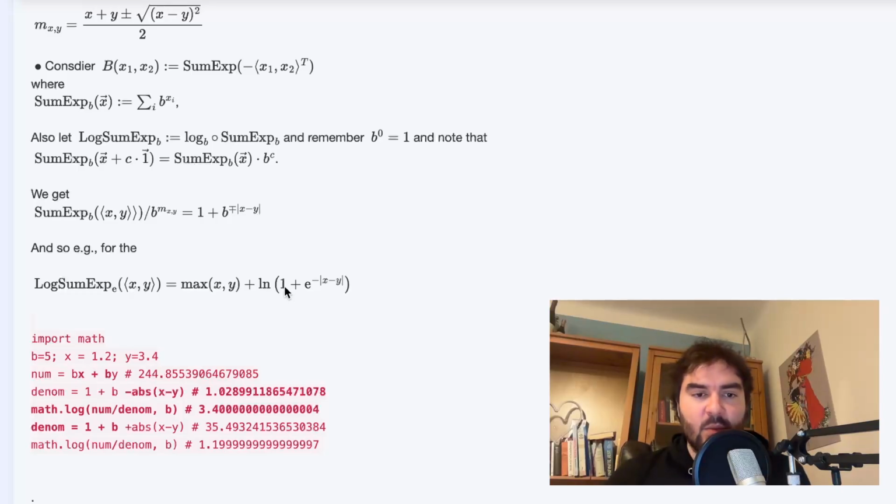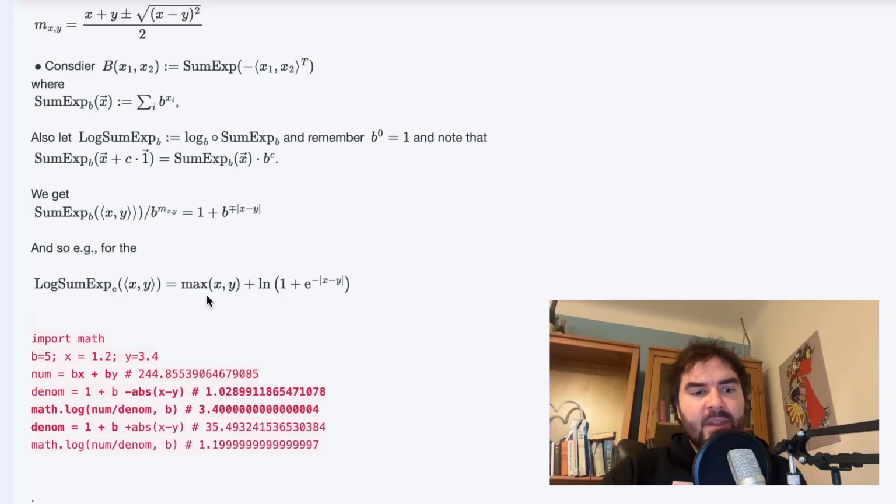The log of 1 is 0, and so you see how this function on the left-hand side is continuous in all the entries, whereas here is basically the sum of two non-differentiable, non-smooth functions, where the non-smoothnesses are the same, they cancel out here, so to speak. And that's why this is a good replacement, a drop-in for the max that you might want to use if you want to have your, for example, neural network differentiable so that you can do gradient descent and don't have to worry about the different possible derivatives at certain points.